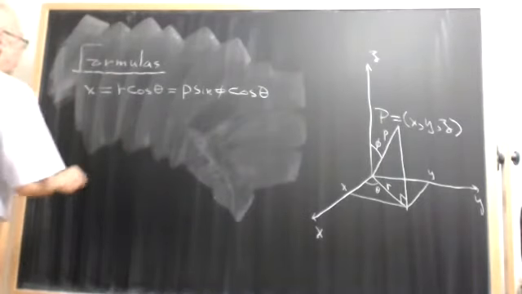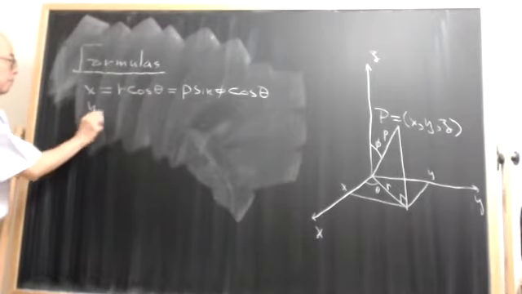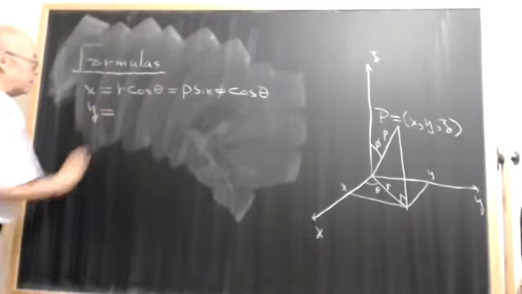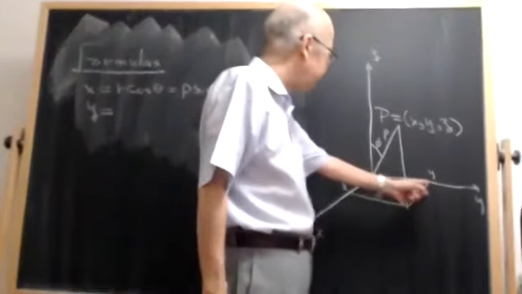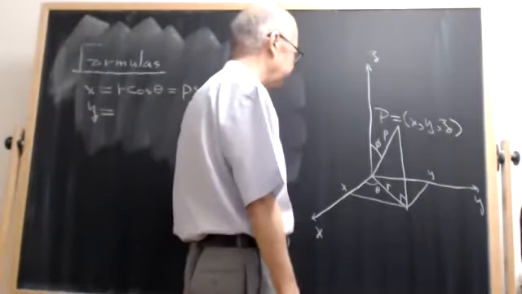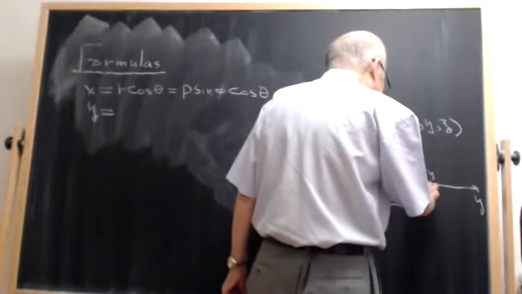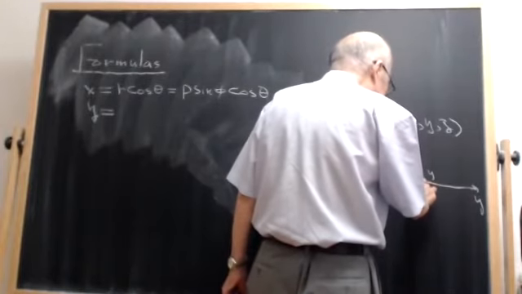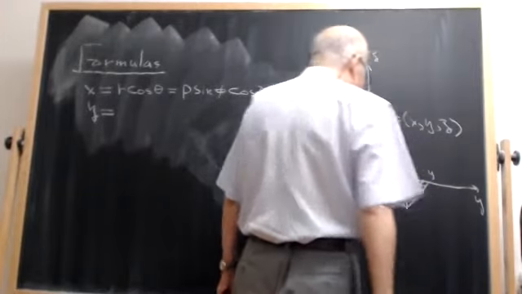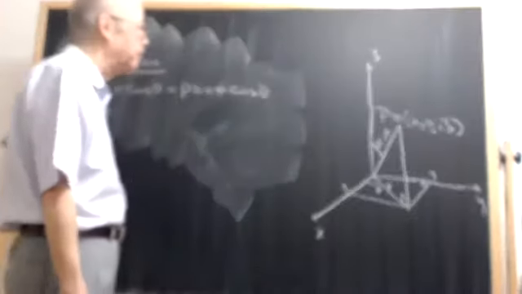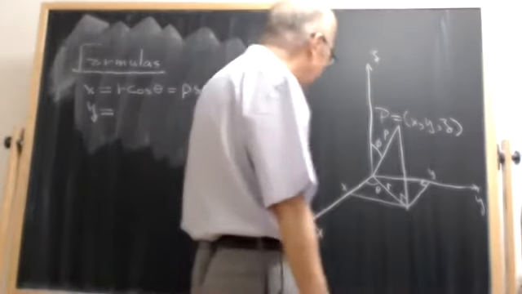Now let's look at y. Well, y is here. And remembering that this is a right angle. Then, what do we know about y?